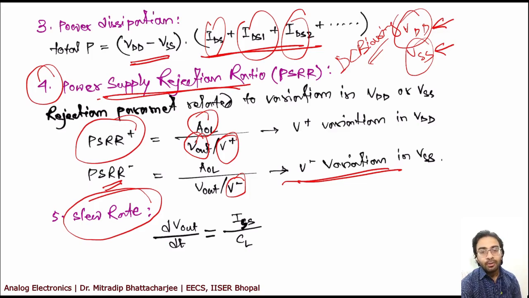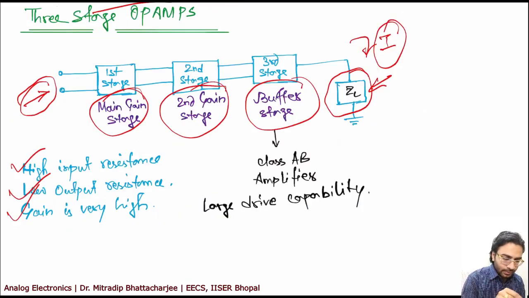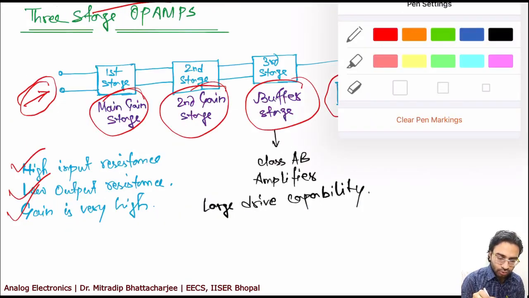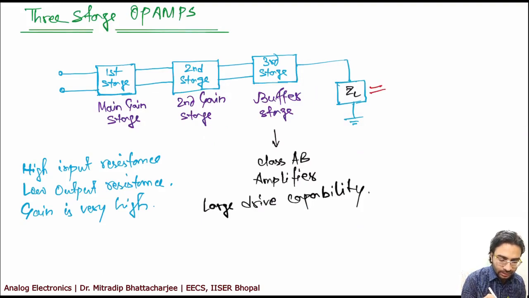That means how the input is influencing the output. So if you have a current flowing in the output, previously also I have discussed, if this ZL is a capacitor, you want to know how fast this is getting charged, right? So generally you want this to get charged as fast as possible.